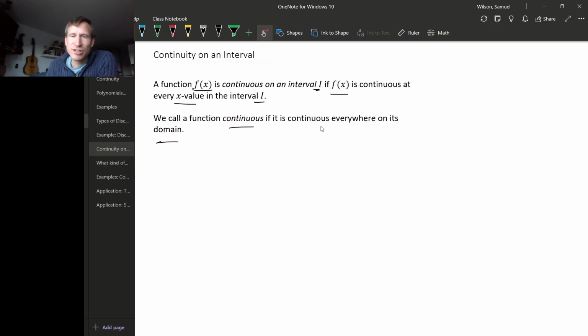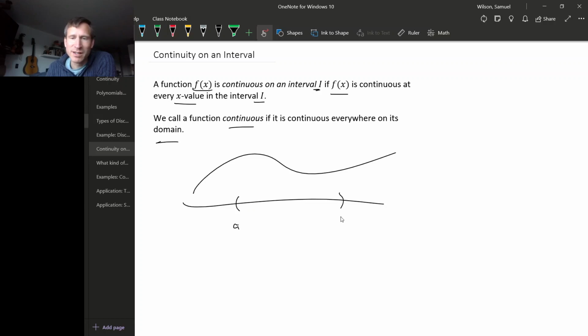Graphically, if we have this interval from a to b in mind, as long as you can draw the graph from a to b without lifting up your pencil, that means it's continuous at every x value in that whole interval, and so it's continuous on the entire interval.